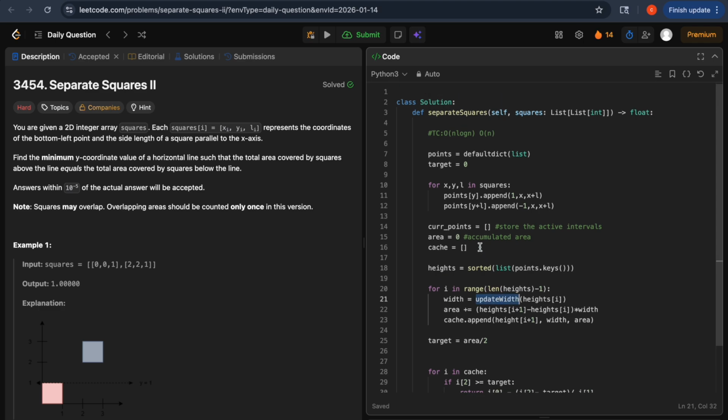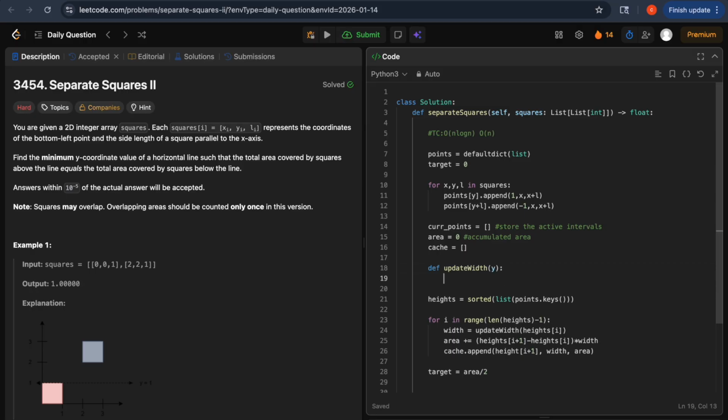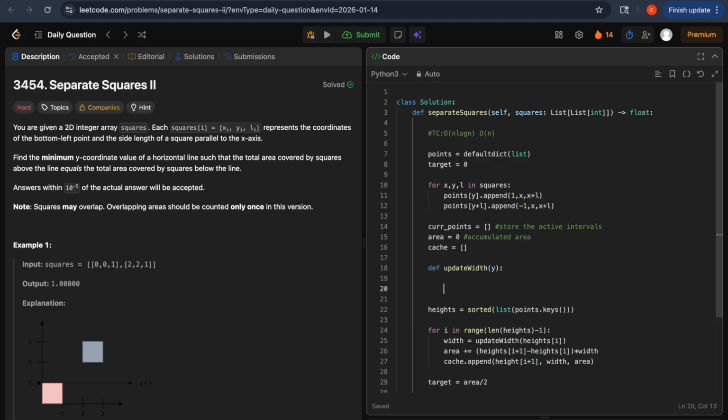So we will define this here, where we pass in the height of I, which is the y coordinate value, and then we have to start by adding the x and L value, which is x plus 1 value from points, by fetching that by the y key value, and add them into the current points list, because we need to get the current interval available in the particular band, right?